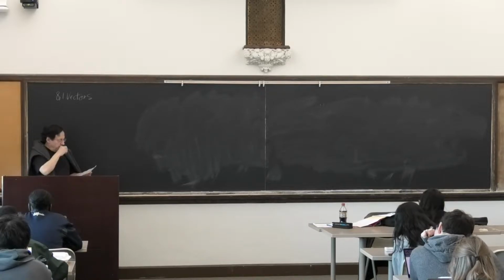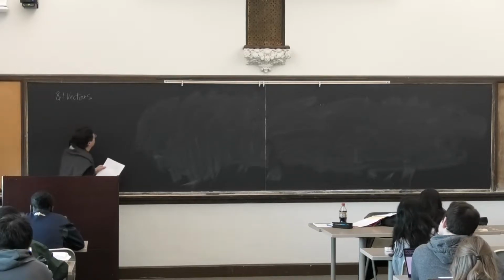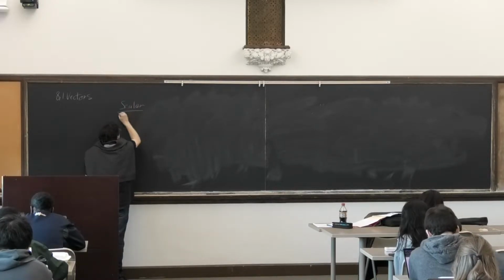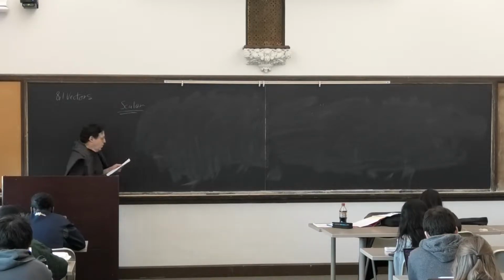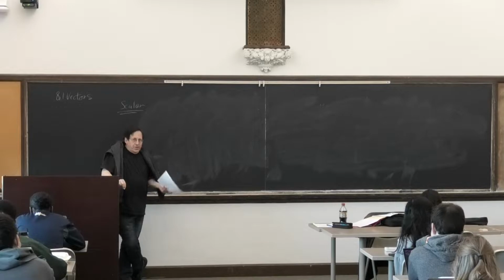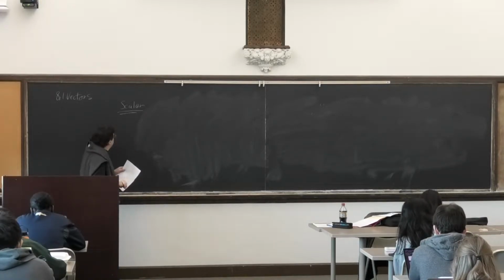So first, since I'm talking about vectors, I'm going to bring up a term called the scalar. What's a scalar? It's just a number. So why do we even have this term?